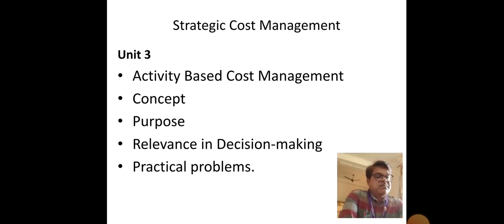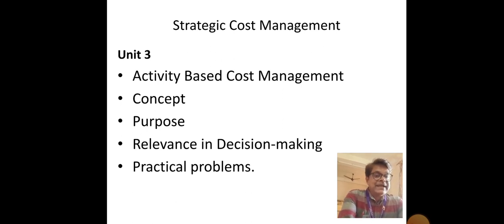What is ABC management? It is a process of identifying cost activity and comparing the same with factors which are influencing those cost activities. I'm repeating once again. In this concept, two important terminologies are being used.